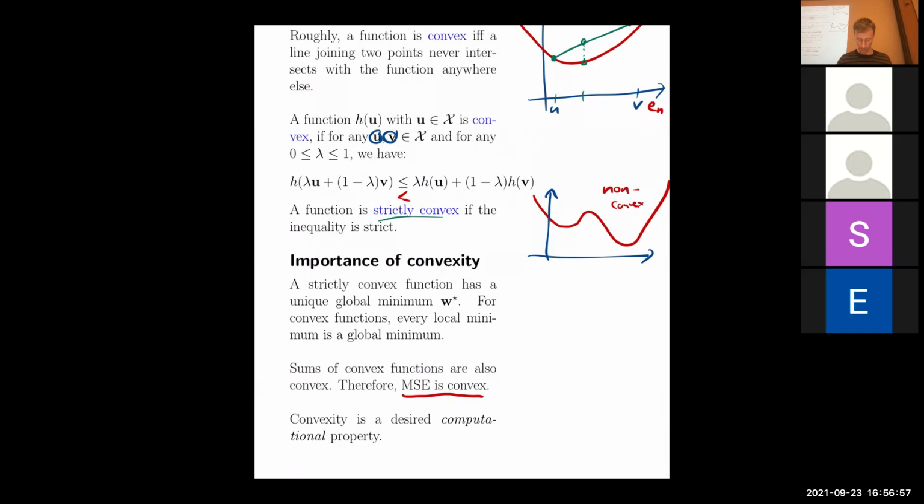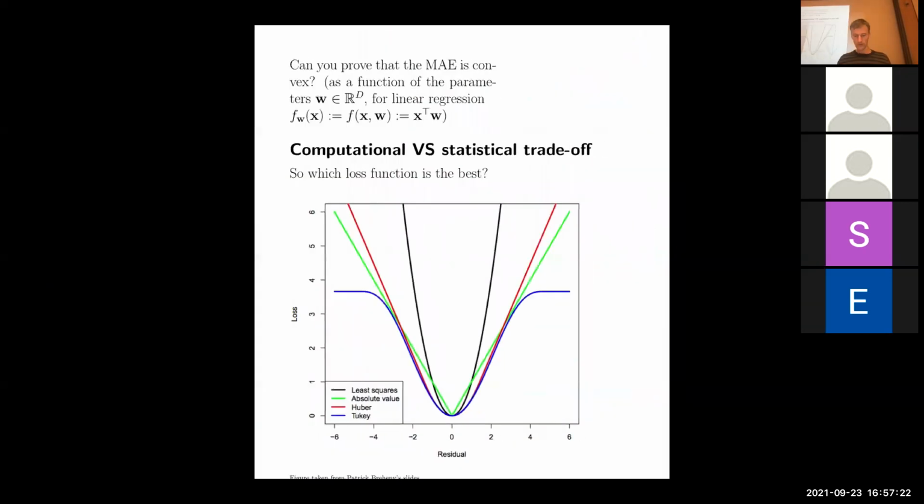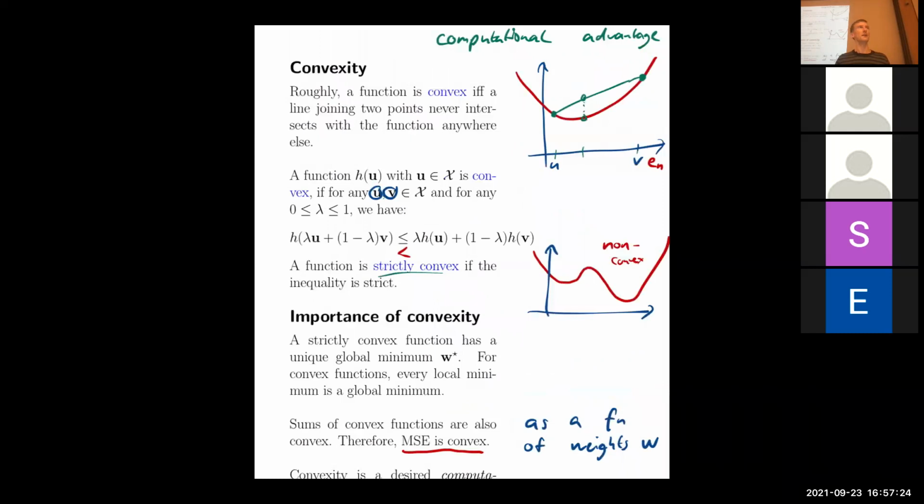So when we say that mean squared error is convex, so it makes it easier to find W, then we want to talk about the whole function as a function of the weights W, because we want to find the W minimizing it, right? So, okay. Any questions on this? Or I hope I didn't confuse you too much.